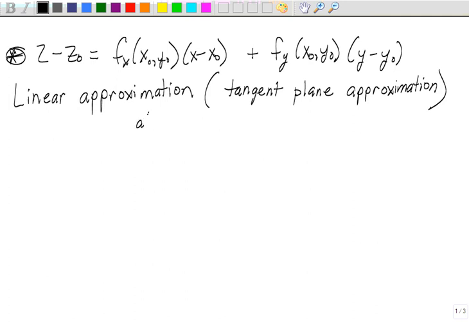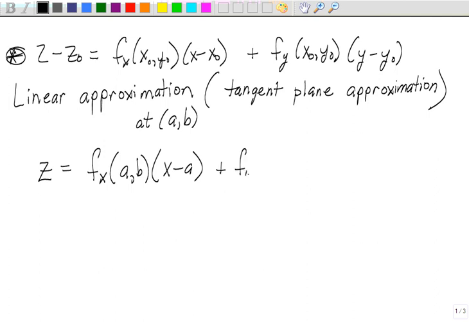And let's say at the point (a, b), instead of (x0, y0). So then we have z is going to equal the first partial of f with respect to x at (a, b) times (x minus a), plus f sub y at (a, b) times (y minus b), plus z0, but z0 is the function evaluated at (a, b).